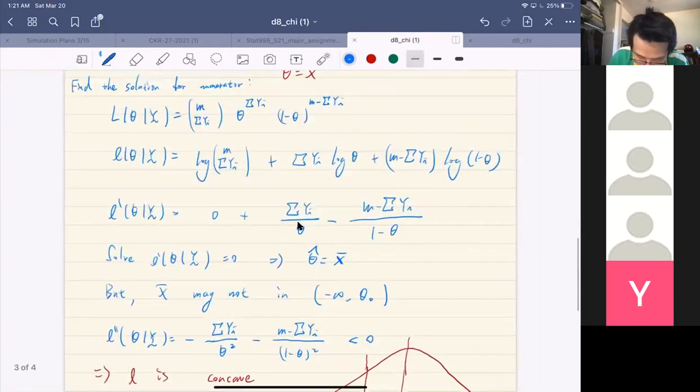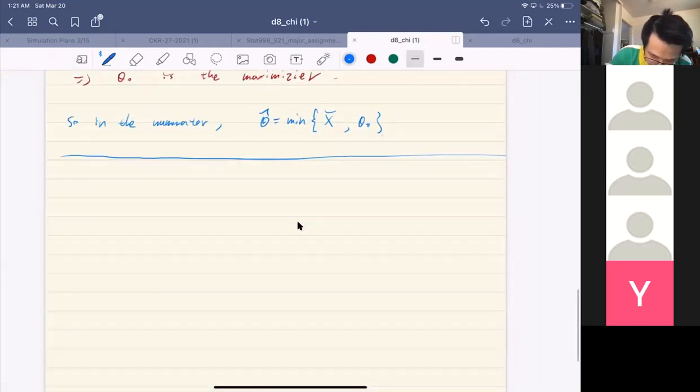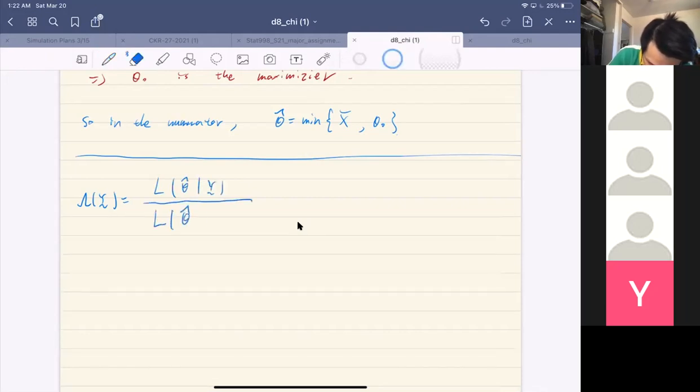So now we have, let me write this first: the numerator with theta hat, and the denominator with S bar.